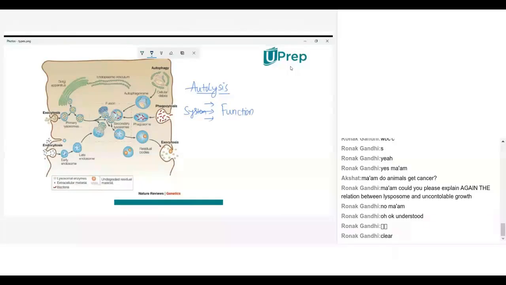Suppose the system is not moving in a proper way, we call it improper function. That kind of improper function happens because of autolysis. The enzymes from the lysosomes get released outside and they start rupturing cells. They disturb the cell function and cause drawbacks which may result in a tumor. Okay, now that is the third function of lysosome.